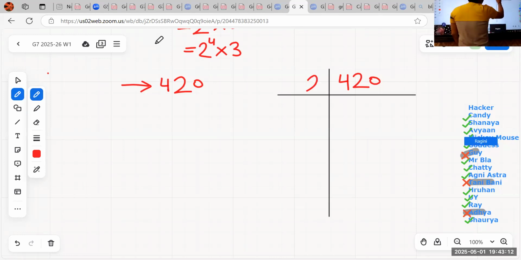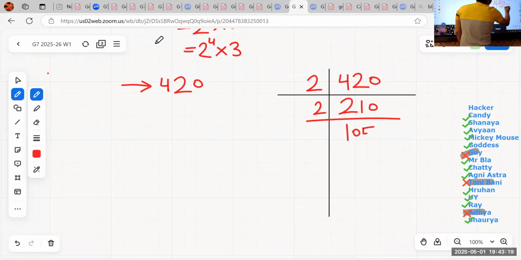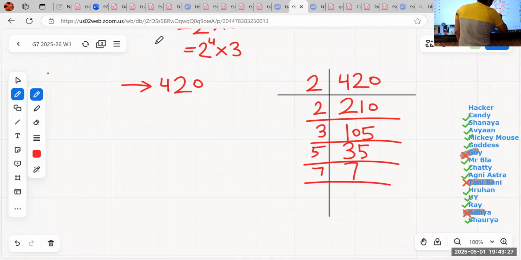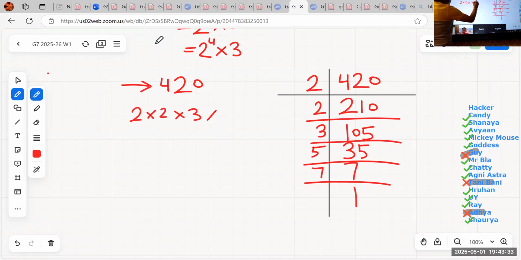Prime factorization of 210: 2, 105, then 3 and 35, then 5 and 7, and 7 and 1. So this would be 2 into 2 into 3 into 5 into 7. That would be 2 square into 3 to the power 1 into 5 to the power 1 into 7 to the power 1.